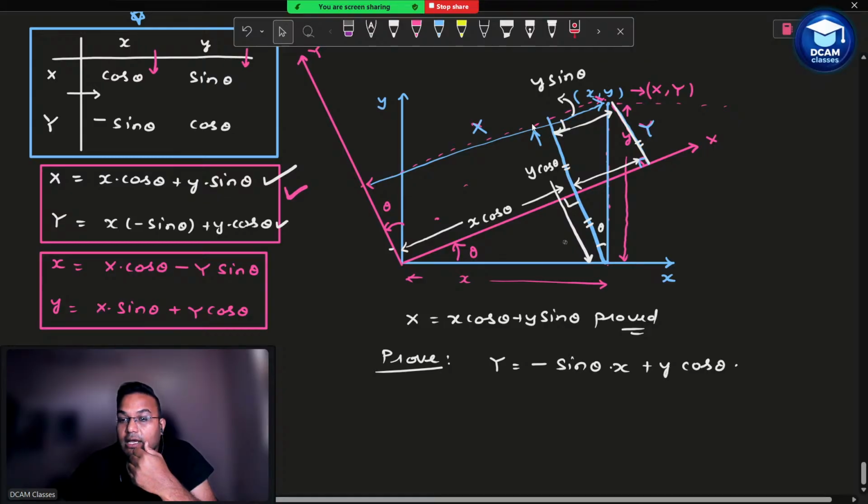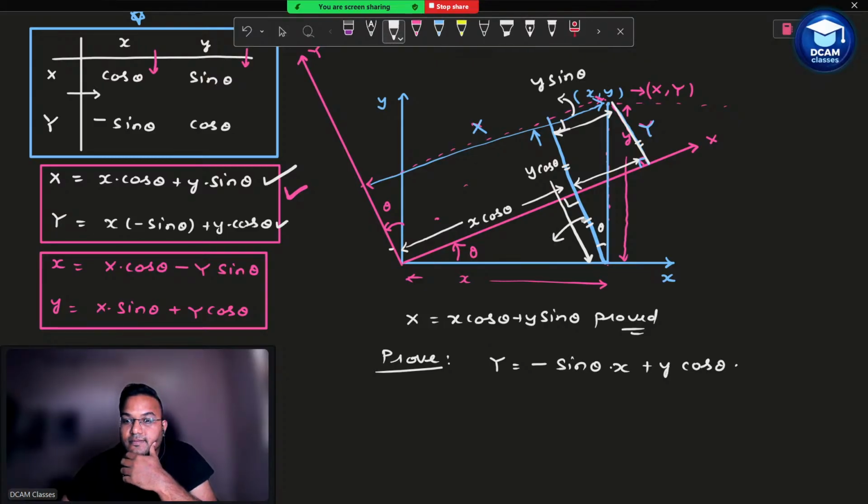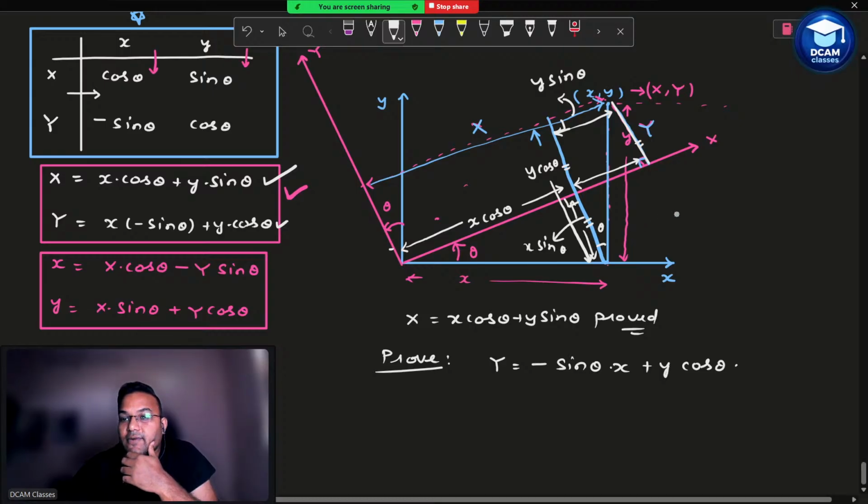If we see this triangle, this distance is y, so I can write this as y cos theta. Now in the lower triangle, I use this one only, you can write this as x sin theta. So if you want capital Y, it will be y cos theta minus x sin theta, na? Yes, let's say you got it.